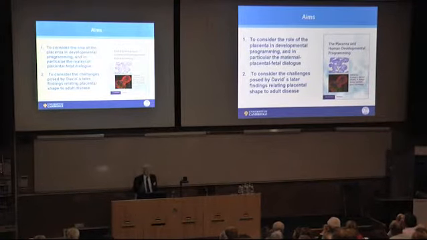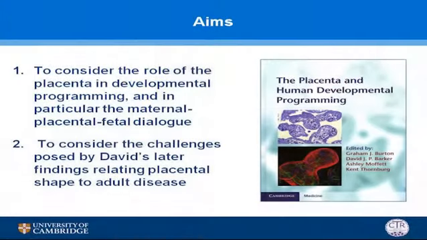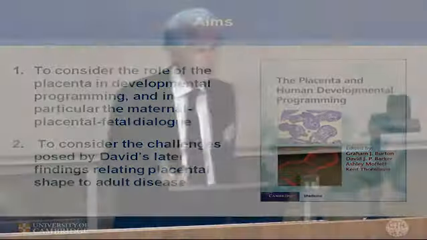One is to consider the role of the placenta in developmental programming, just using one example of the materno-placental fetal dialogue in terms of transport, and then looking more towards the future to pick up on some of the challenges that were posed by David's later findings relating placental shape to adult disease, where I think we don't have any answers, but we can perhaps point some directions for future research.